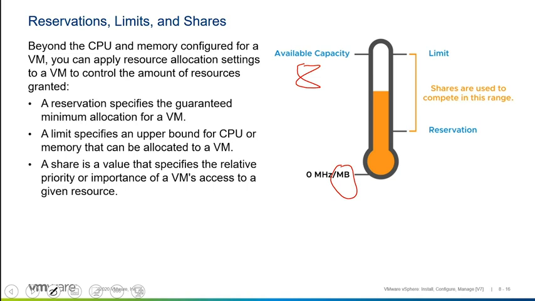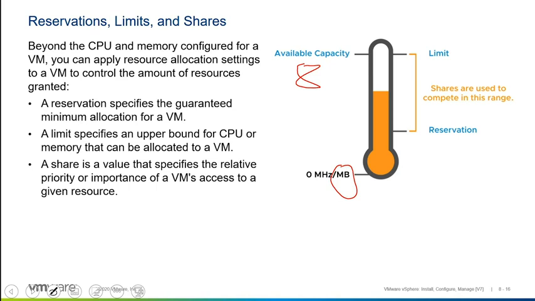Okay? Now, if we want to change that value, we can. We can tell ESXi to create a guaranteed minimum amount of resources to a virtual machine. And this is the concept of a reservation.